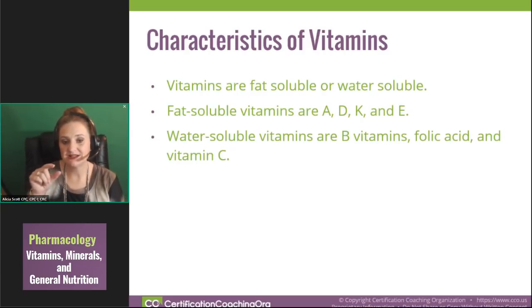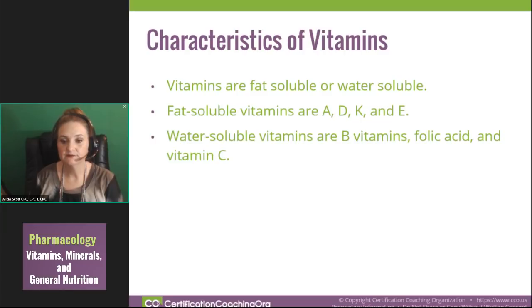So if a person is deficient, say in vitamin C, we know that's a water soluble vitamin, and therefore they can get it quickly into their system. If you notice, vitamin D and vitamin C are added to a lot of substances like orange juice and milk and things like that. Other foods, they'll say it has vitamin D or another vitamin added to it.